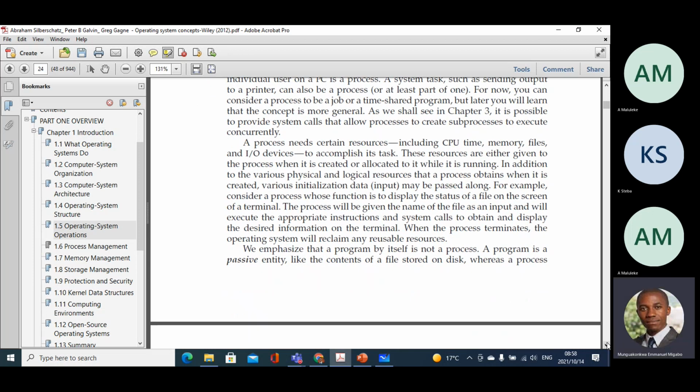We emphasize that the program by itself is not a process. It has to be a program that is executing or that is running to become a process. So a program as a concept is a passive entity, like the content of a file stored on a disk, for example.